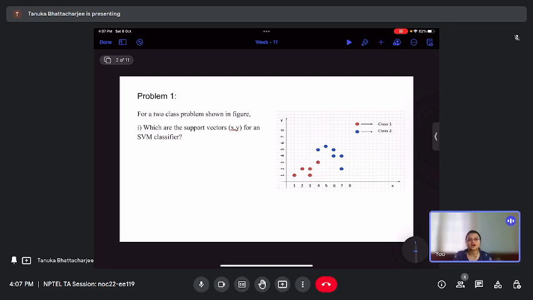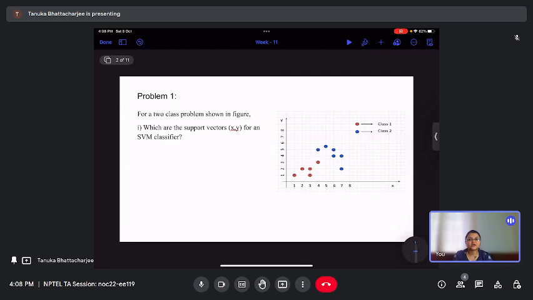Your points are at a safer place, they will not easily get misclassified. So that is the idea behind this SVM classifier, which is trying to maximize the margin between each class and the decision boundary.